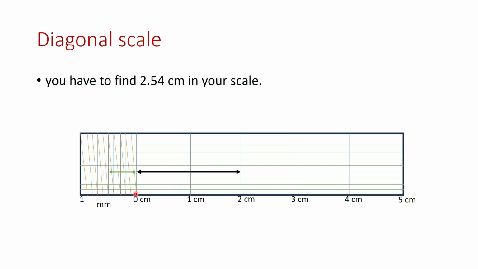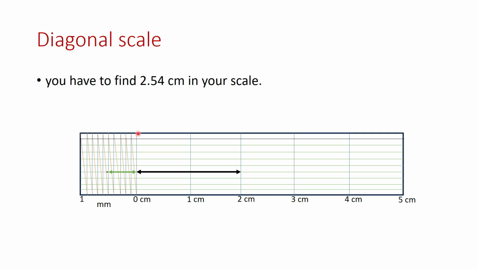So by joining these two diagonals, we are forming this triangle. And what happens there, this small division will be 0.01 centimeter. This is 0.02, this is 0.03, this is 0.04, this is 0.05, 0.06, 0.07, 0.08, 0.09 and 0.1.